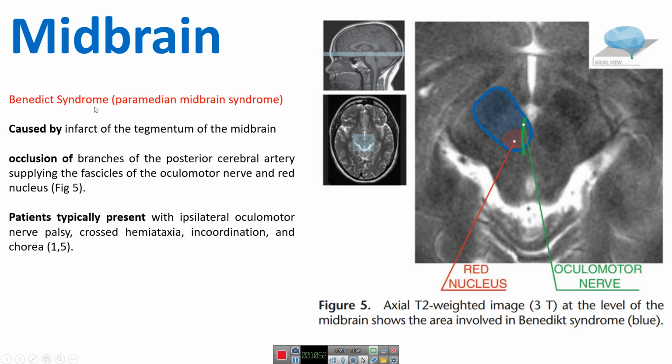So in this case of Benedict syndrome, we have infarction of the tegmentum of the midbrain due to occlusion of the posterior cerebral artery, affecting the fasciculus of the oculomotor nerve in addition to the red nucleus. We have oculomotor nerve palsy on one side and the crossed hemiataxia, incoordination and chorea on the opposite side, and this is called the crossed hemiataxia.